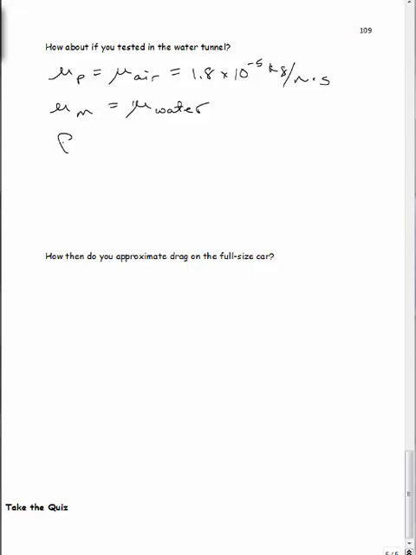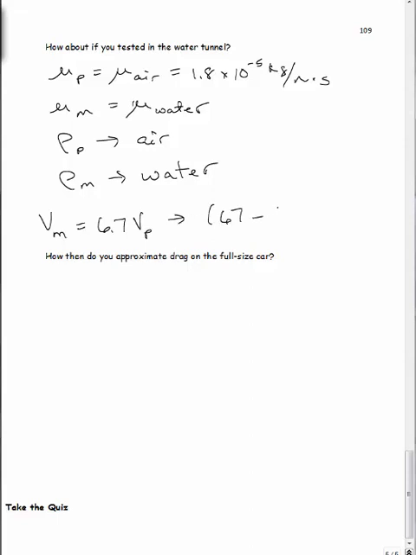And the same thing for the rho's. Rho prototype is air, rho model is water. I'm not going to go through all those, but there's a big difference. Plug it all in, and you're going to get VM equals 6.7 VP. All right, so we need 67 to 536 miles per hour. Okay, very fast for a water tunnel for sure.